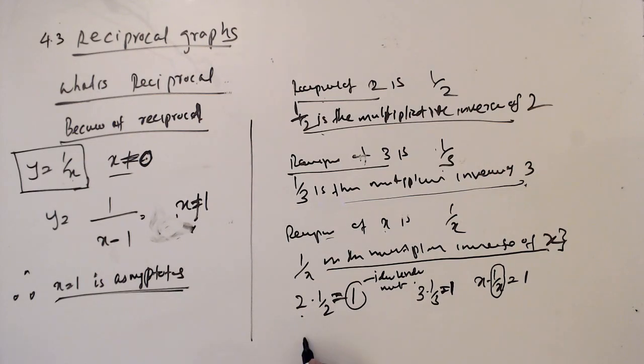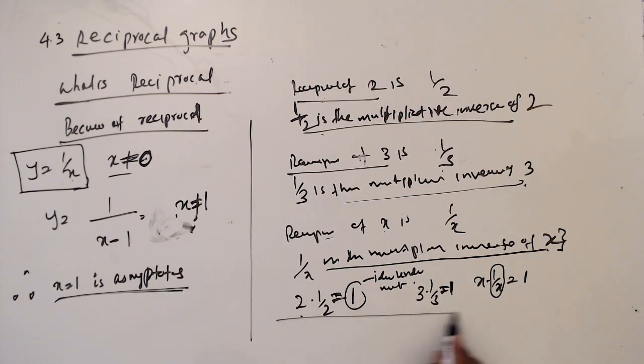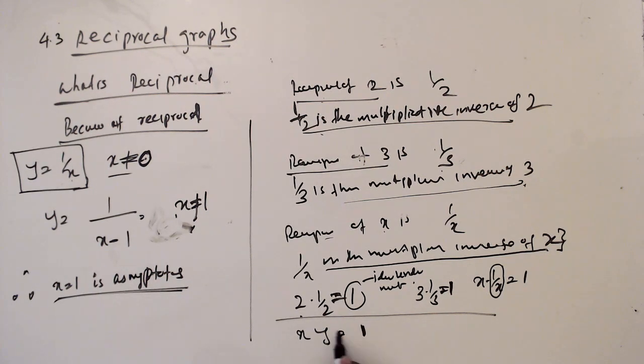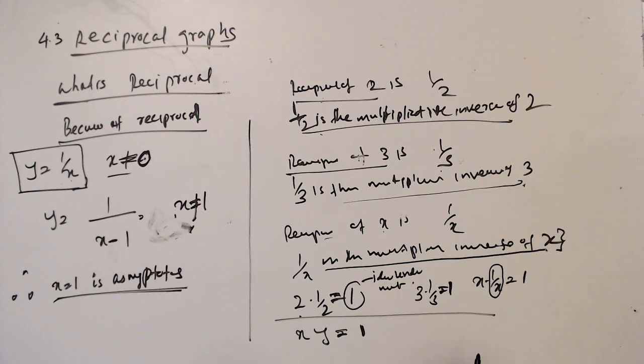Finally, in terms of day-to-day life, the product of two variables always gives 1. This is day-to-day life, not mathematically. Now what is the y value? x times y equal 1. What is y?